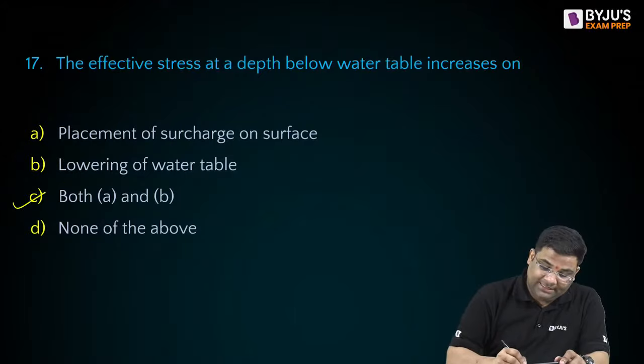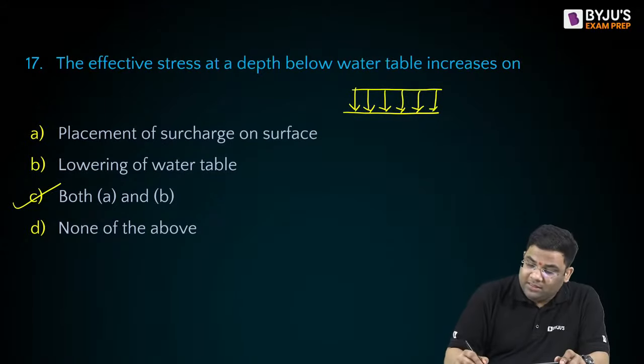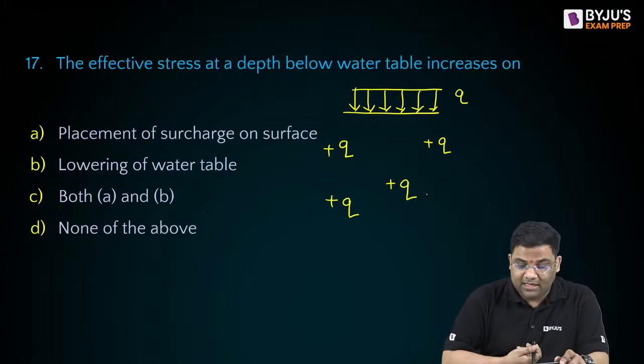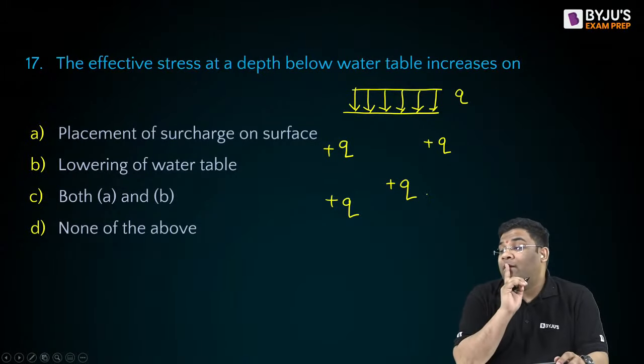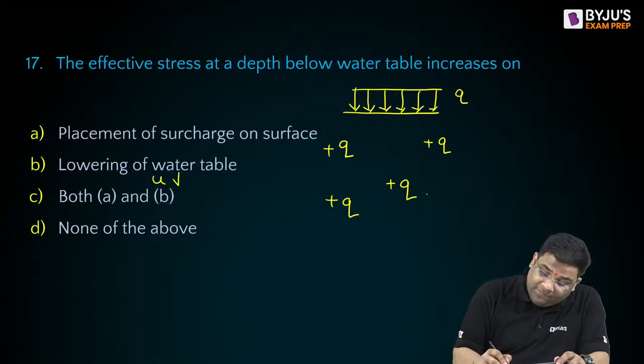Yes, the answer is C. See, if you place surcharge at the ground level, the effective stress increases everywhere by plus q, right? So yes, the first one is correct. And if you lower the water table, the pore water pressure decreases.